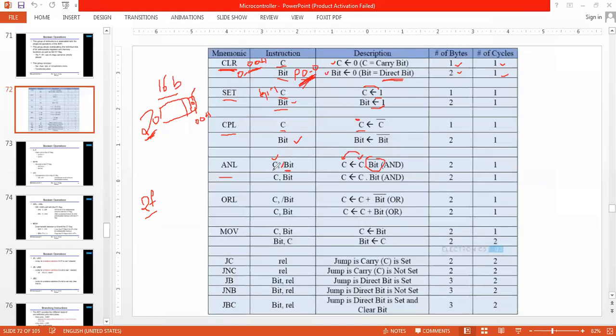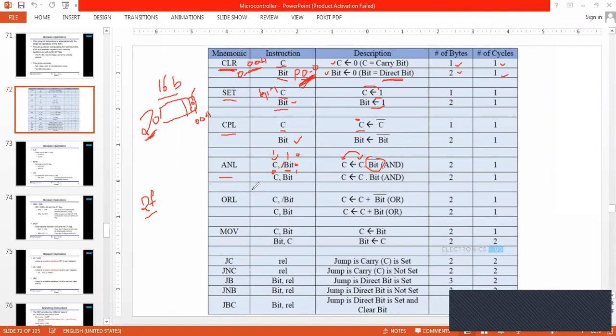So if C was 0 and bit was 0, the bit is going to be complemented. It will be made 1, and 1 AND 0 is again 0. C will be again stored with 0. If C is 1 and bit was 0, now it will be complemented, made 1, so 1 is going to be stored into C only.